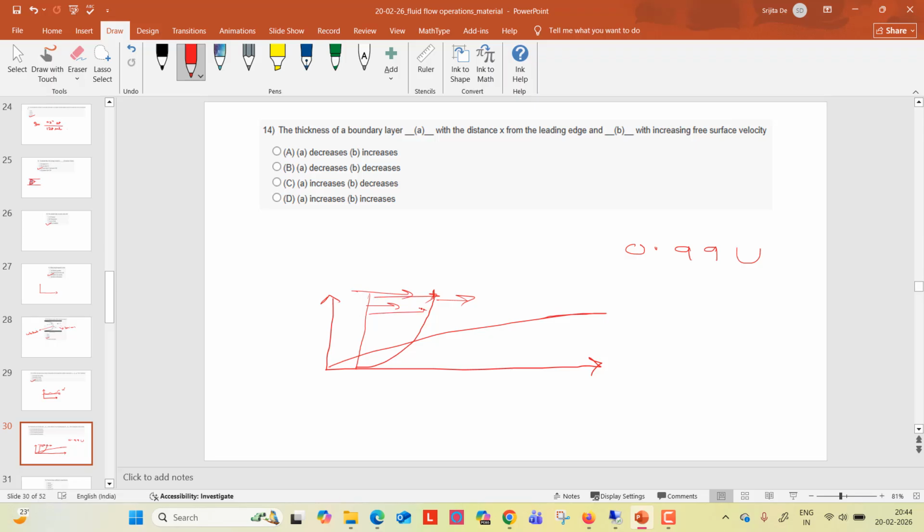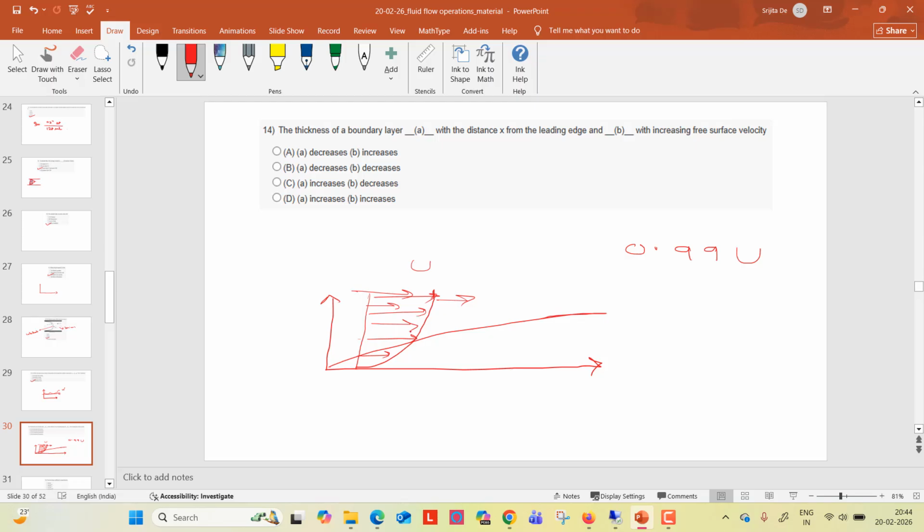You can see the effect of the boundary here. This portion of the fluid velocity is not achieving the fully developed velocity, right?